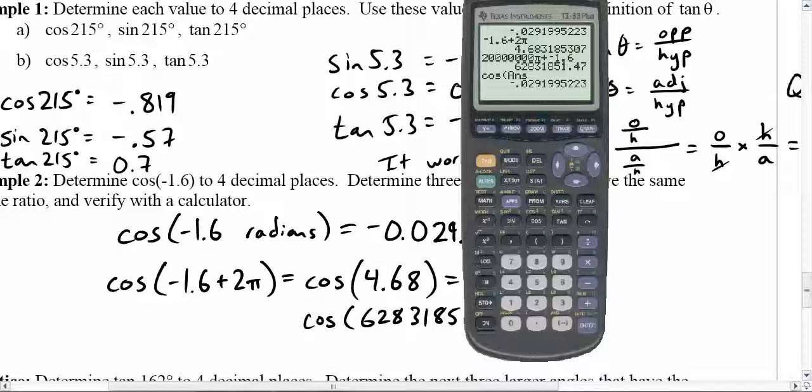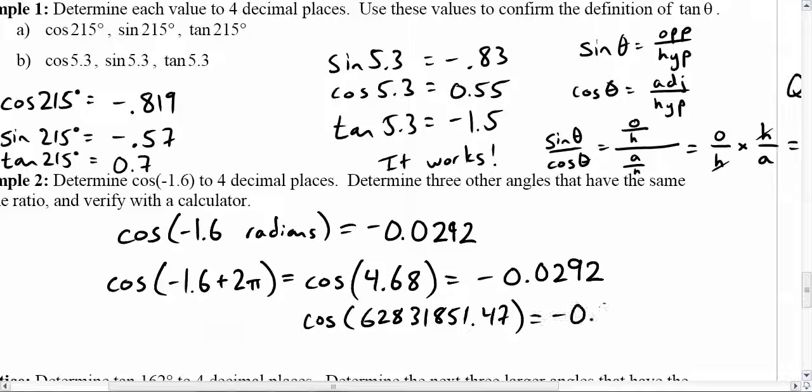Yep. I can add as many even numbers of pi as I want to, and the cosine will still be the same. So it repeats every 2 pi.